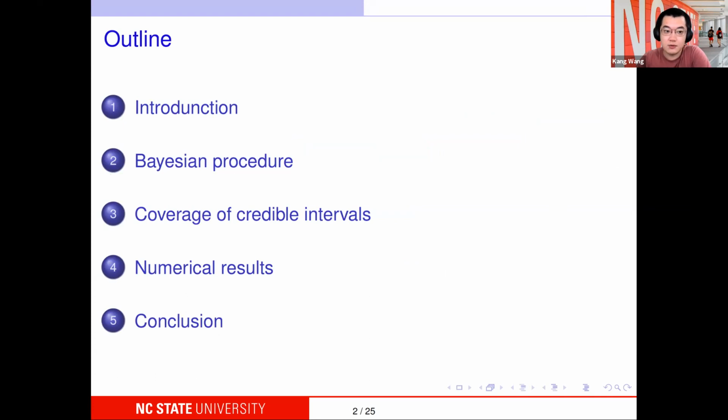Then I will introduce our Bayesian procedure, and then in the third section, I will introduce the weak limit theory we developed, and based on the theory, we can study the frequentist coverage of credible intervals. And then I will give some numerical results on the asymptotic distribution. Finally, there's a little conclusion for this work.